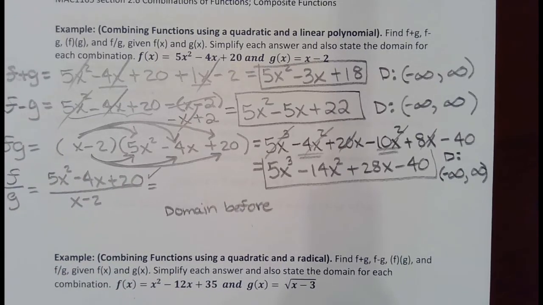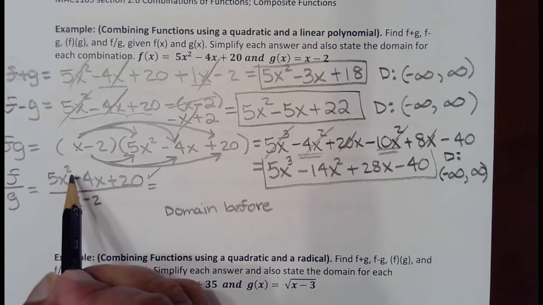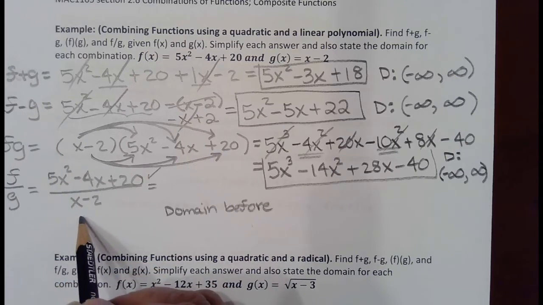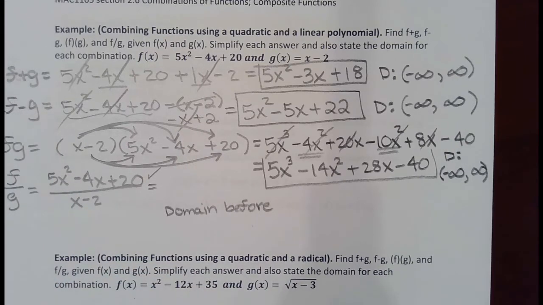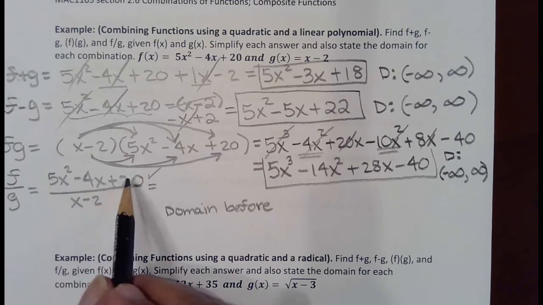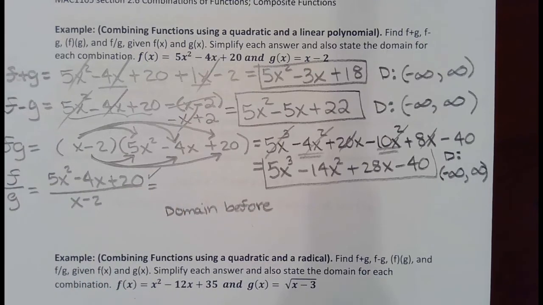There's no numbers that would break that down into linear factors. So this is not going to reduce, and even if it did, you're supposed to do the domain before reducing. It is not possible to reduce here, and that's just because the top doesn't factor.